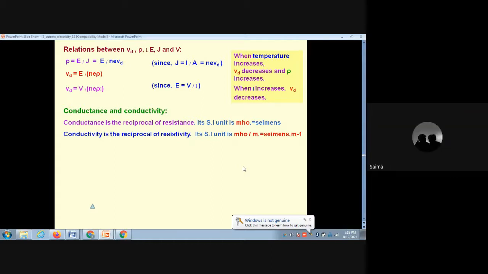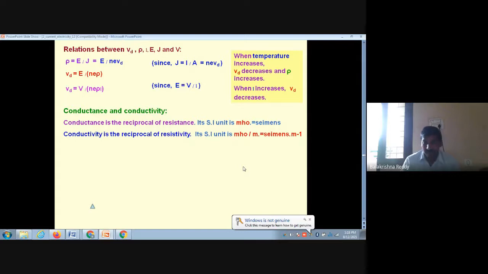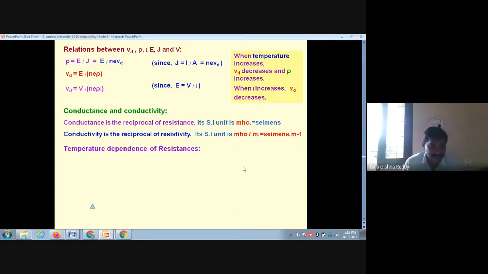Next, the temperature dependence of resistance. How a resistance depends on temperature, that we need to discuss here. Yesterday we discussed the resistance, how it is affecting the conductor, and how resistance changes we understood, right?